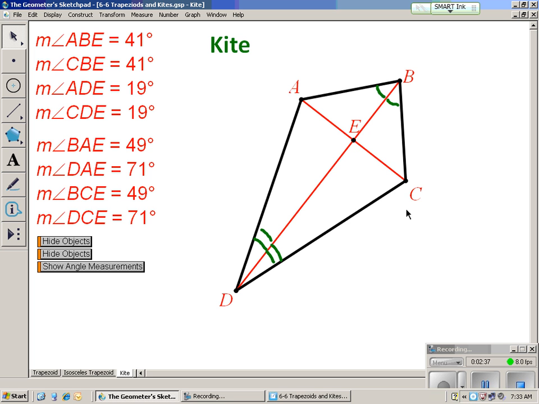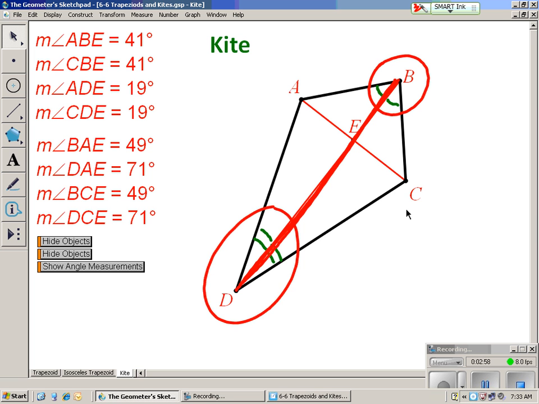So the thing I want you to remember is that the diagonal that cuts the kite in half, the very middle diagonal, you'll see AC does not, but BD kind of cuts the kite in half. Those bisect the angles, so angle B is bisected and angle D is bisected.